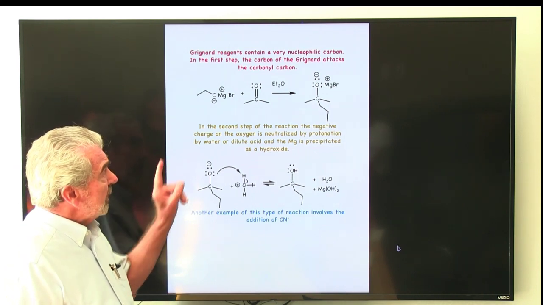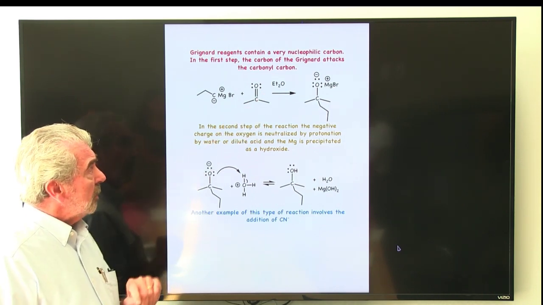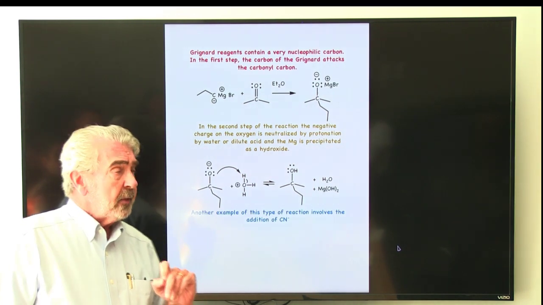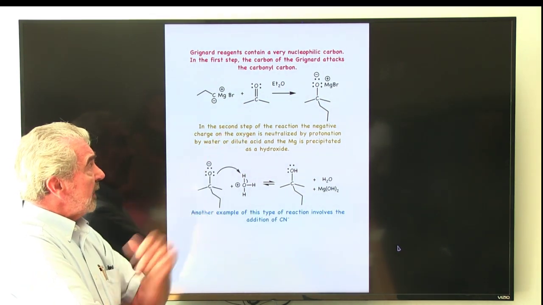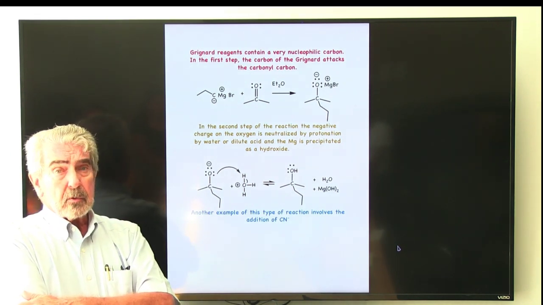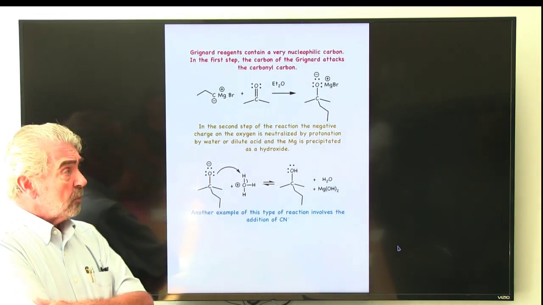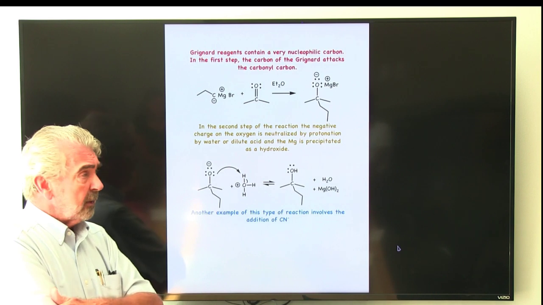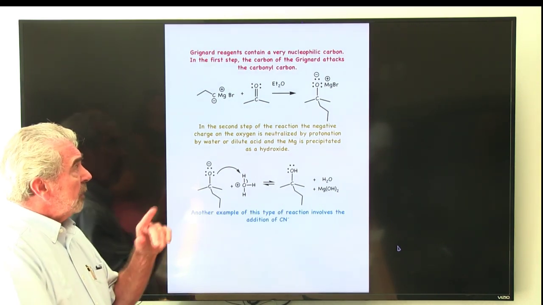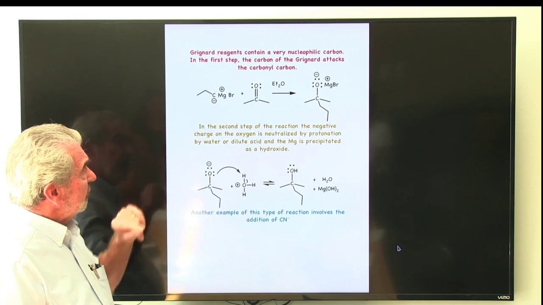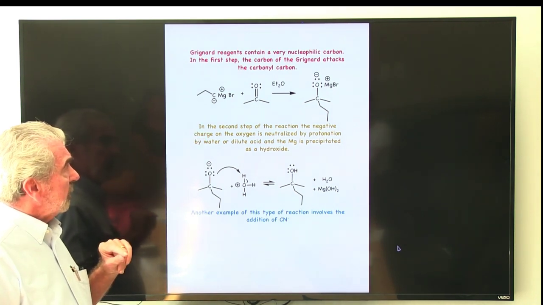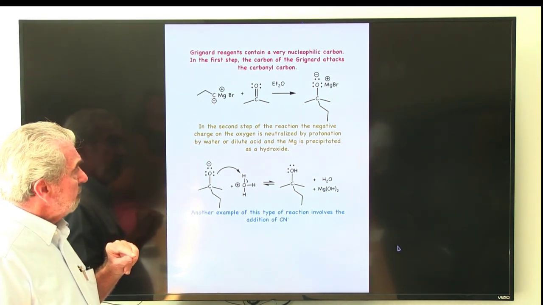The only precaution is you have to use a polar aprotic solvent, and the one of choice is usually some sort of an ether. In this case, we've used diethyl ether, but we could also use THF, tetrahydrofuran, or any ether will work. The reason we need an ether is because ethers are particularly effective at dissolving these organometallic compounds.